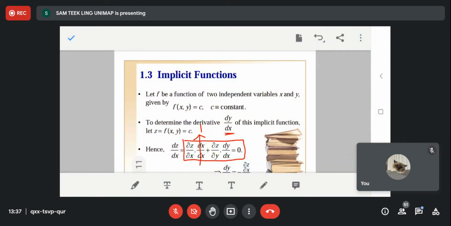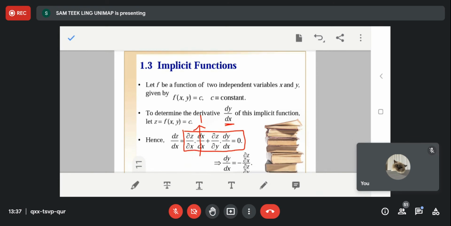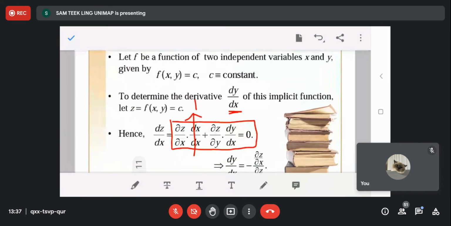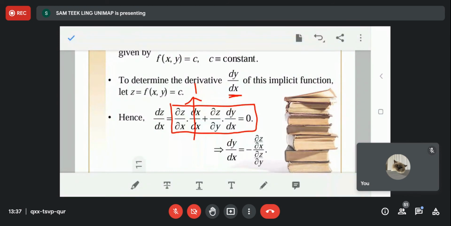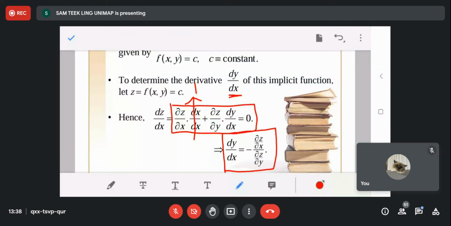So you apply dy/dx, and you rearrange, you will get this. So this one is the implicit function formula: dy/dx is equal to negative del z/del x divided by del z/del y. This one is the general formula for your implicit function.